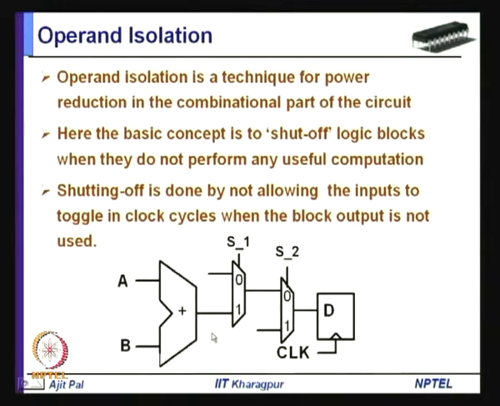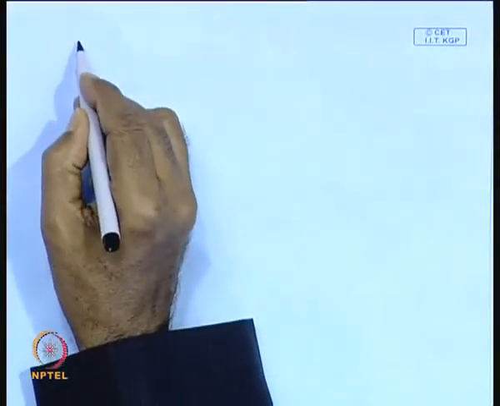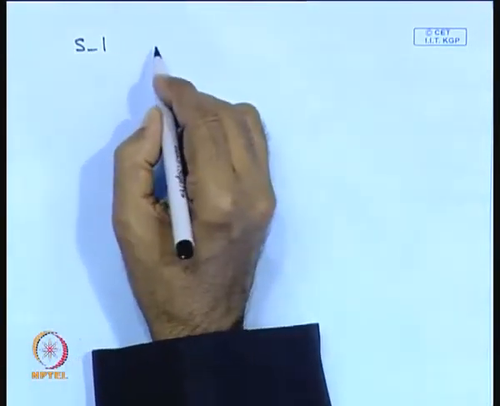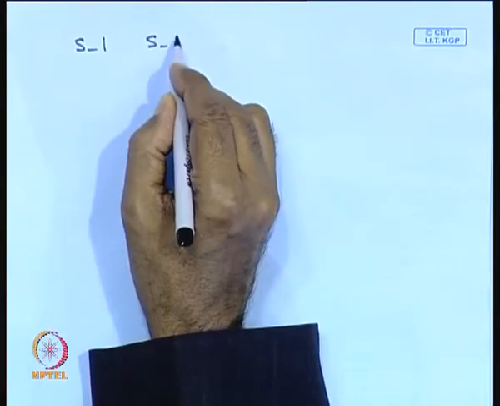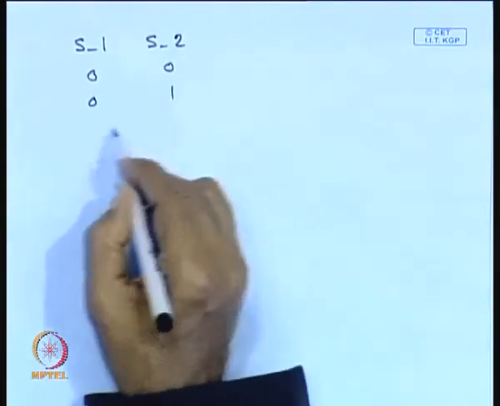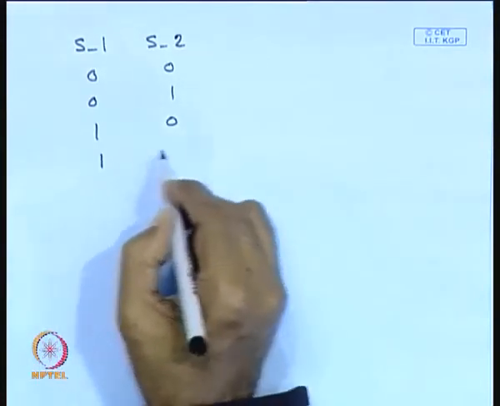That means, if we consider four possible conditions, S1, S2 can have four possibilities: 0 0, 0 1, 1 0 and 1 1.